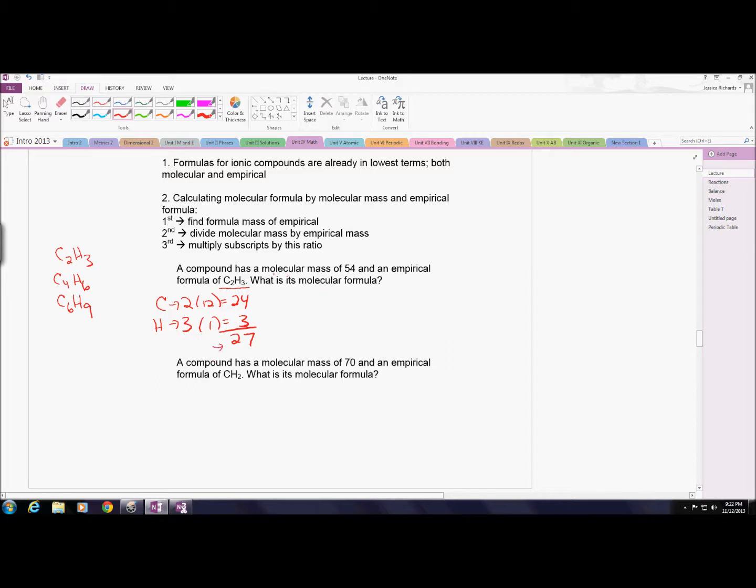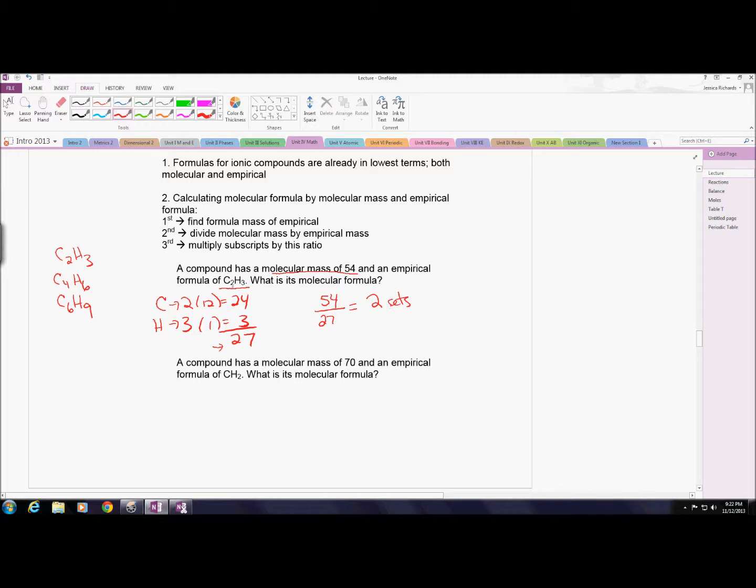So if we then look at the question and it says we have a molecular mass of 54, step 2 says divide the molecular mass by the empirical mass. So if it has a molecular mass of 54 and we divide that by 27, we find that we have 2 sets or 2 units.